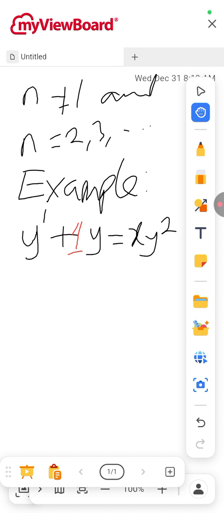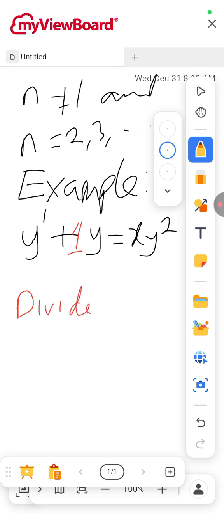But before that, the first step after you have identified the DE is that you divide the question given to you by y raised to power n.